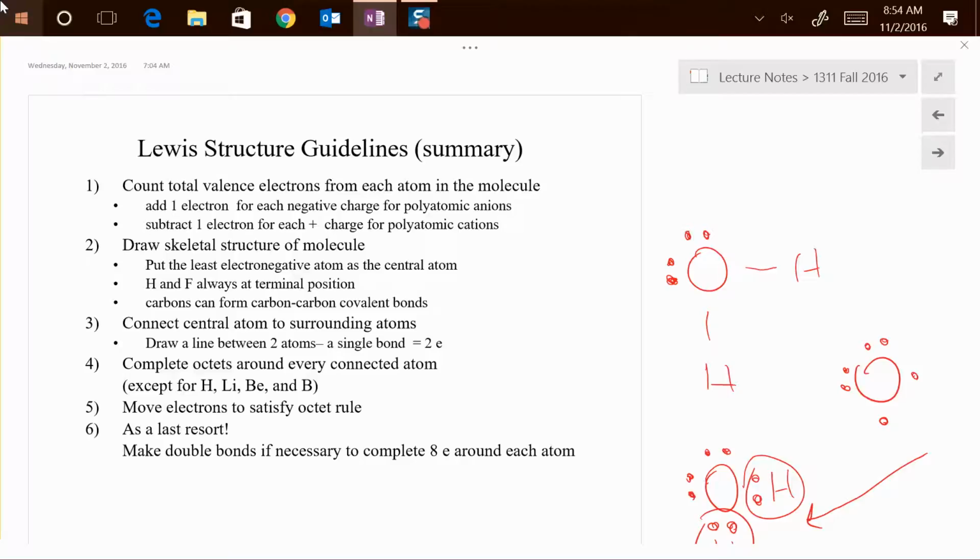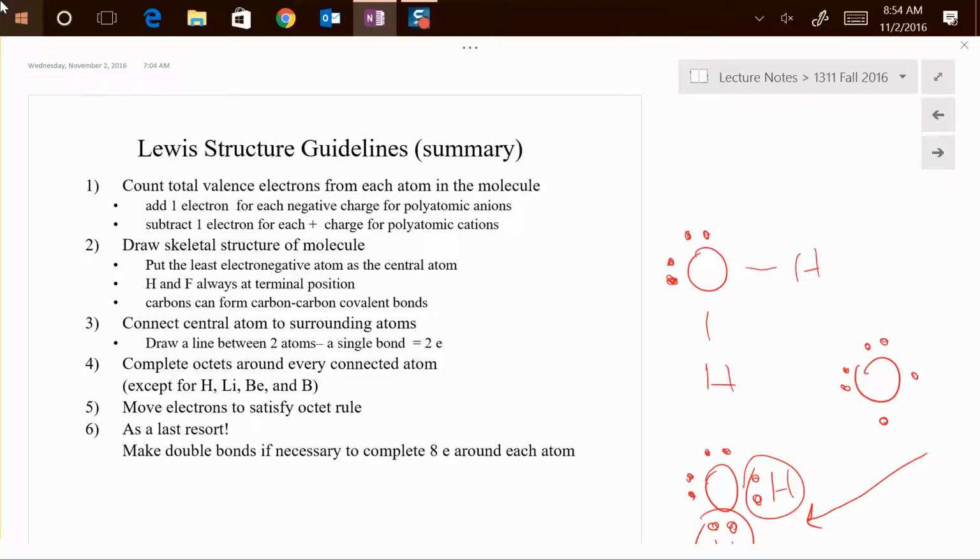What about hydrogen? Same. Exactly the same. It can never be in the middle. It only has one electron that it can share. It can only make one single bond. Okay? So H2O. Well, we know which one goes in the middle, oxygen, because the hydrogens cannot be in the middle. They're always on the outside.